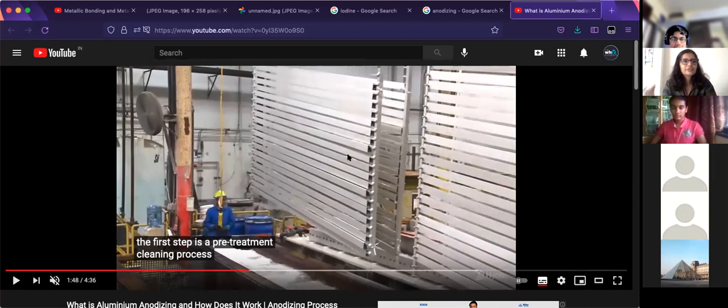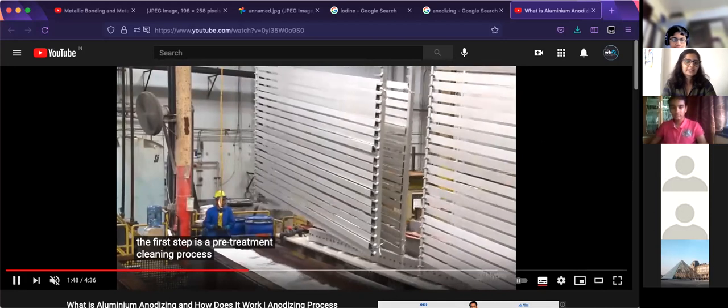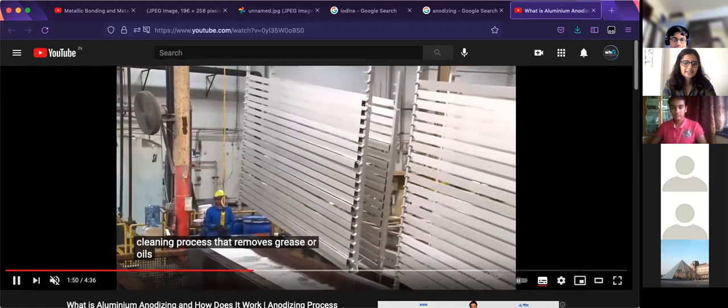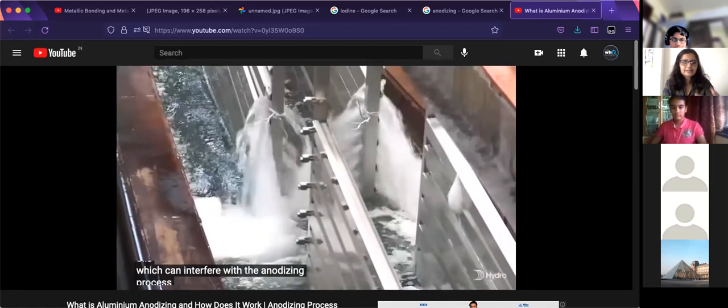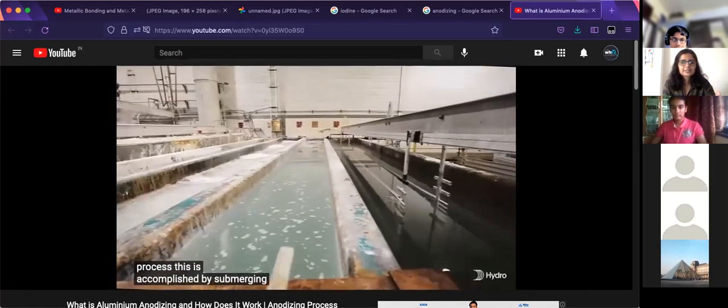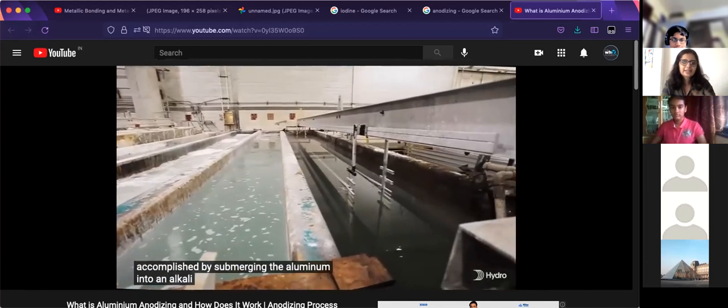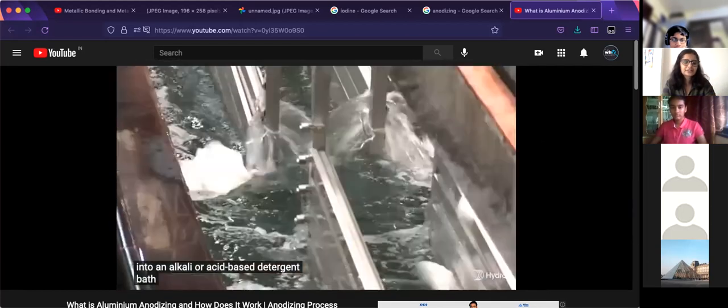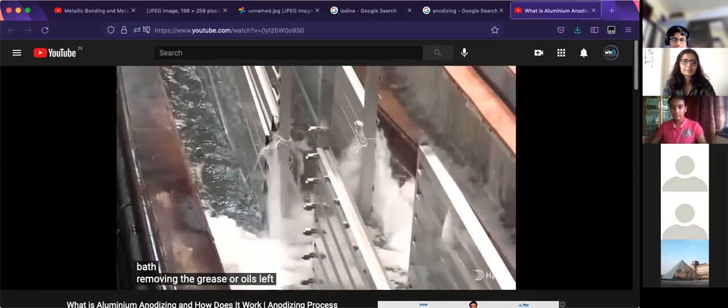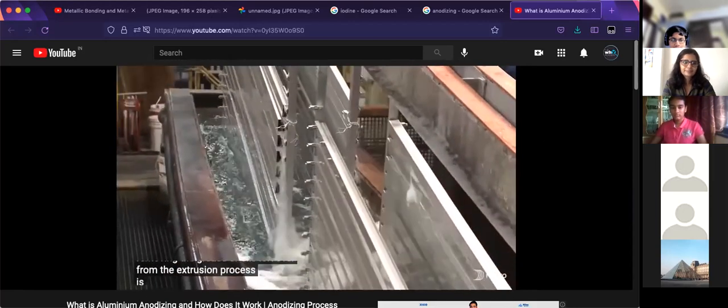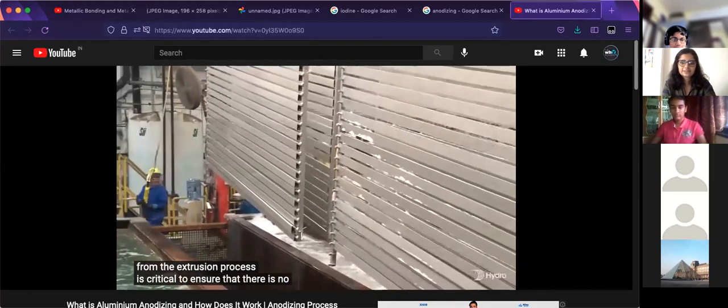If it's going to confuse you, I don't want to confuse you guys further. But I just wanted to give you a visual of how it happens. You have these large tanks, and it's cleaned, processed, and then you immerse it in the tanks, pass electricity through them, and get it oxidized there. That's how it happens.